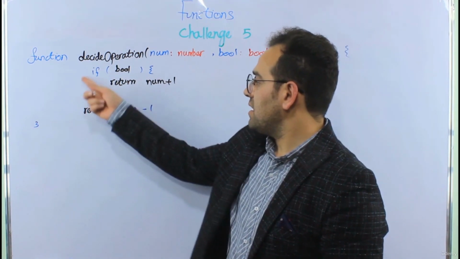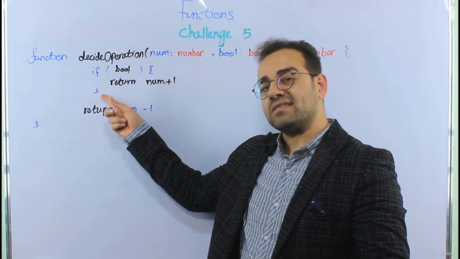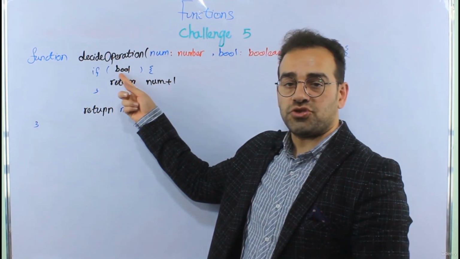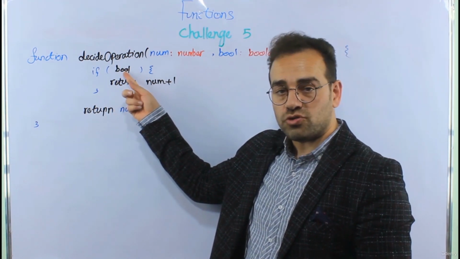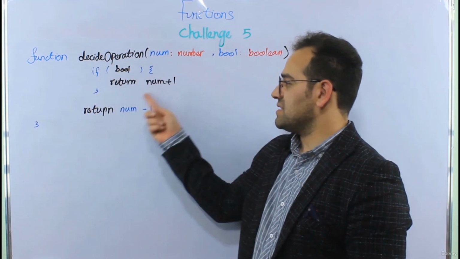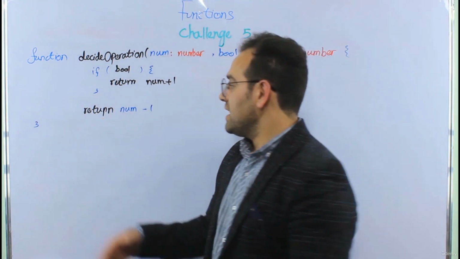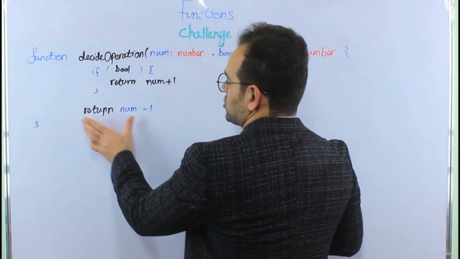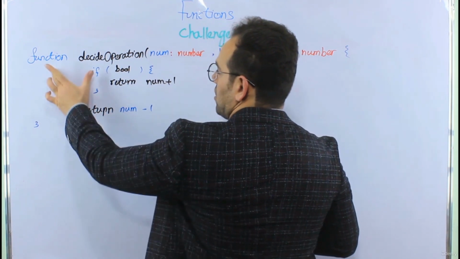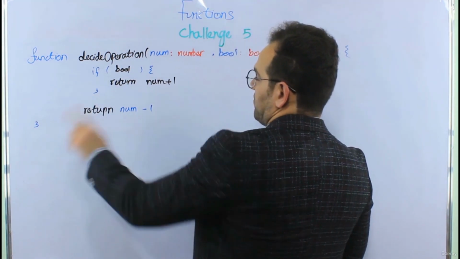Because this if statement is only going to be executed if this condition is true. If this condition is not true, it means the Boolean value is false, and this if statement is not going to run. So we are automatically going to come to this return, and you can see that this return is outside the if, so this return belongs to this function. And we are going to immediately return from the function.